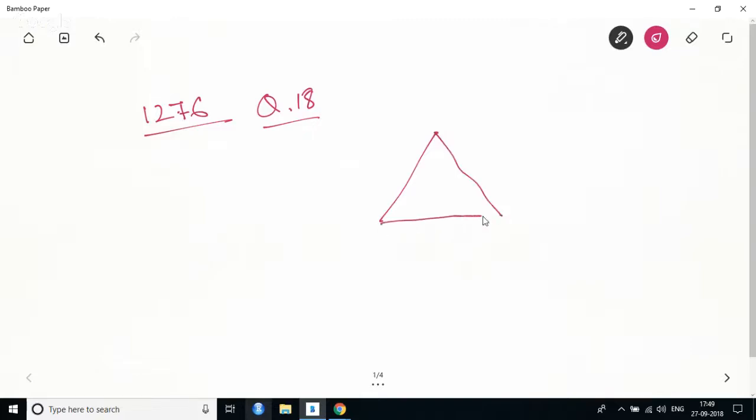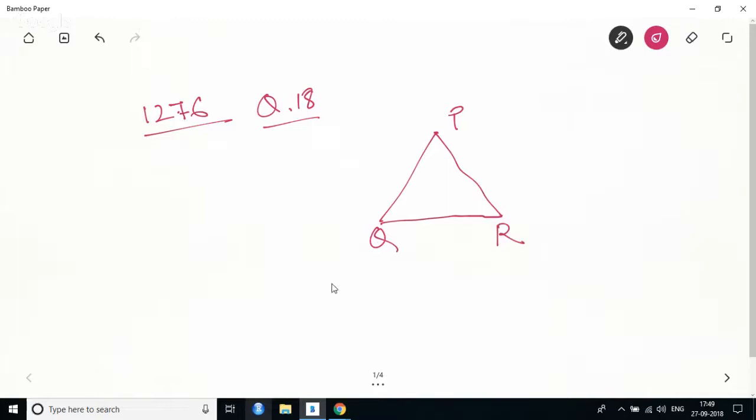If you are with your RD Sharma book, I'm solving page 12.76, question 18 on that page. It is saying that PQR is a triangle. I'll solve some 4 or 5 questions from here.